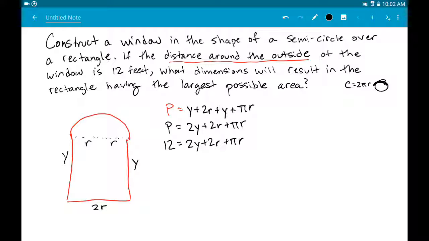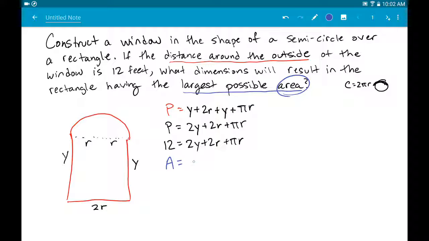With most optimization problems, you need to have two equations. If we read further into it, it says, what dimensions will result in the rectangle having the largest possible area? So my second equation is going to be an area equation for this same scenario.